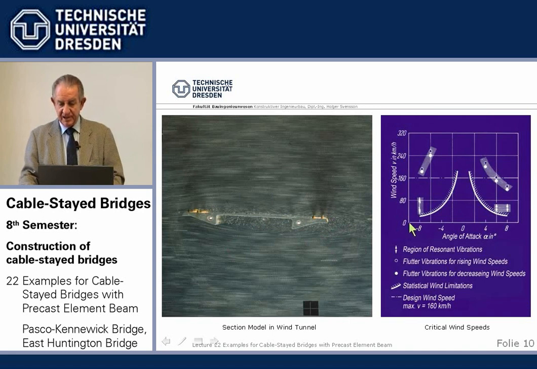And we have here the wind speed. The design wind speed was 160 kilometers per hour. That's the design speed here. And we have shown here, for horizontal wind, no angle, this is the wind speed. However, there are very many measurements.